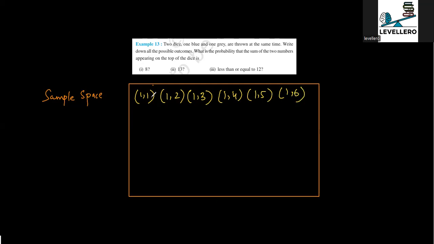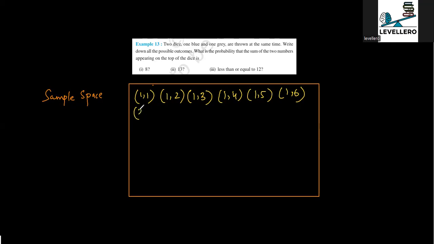Throwing two dice at the same time means on the first die we can get one, and on the second die we can get one. Similarly, on the first die we might get one, on the second one we might get two, like this.